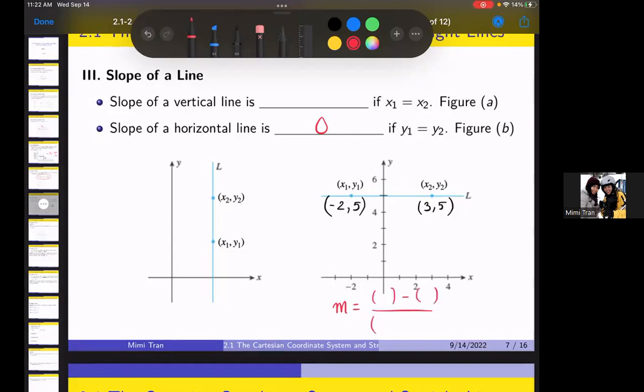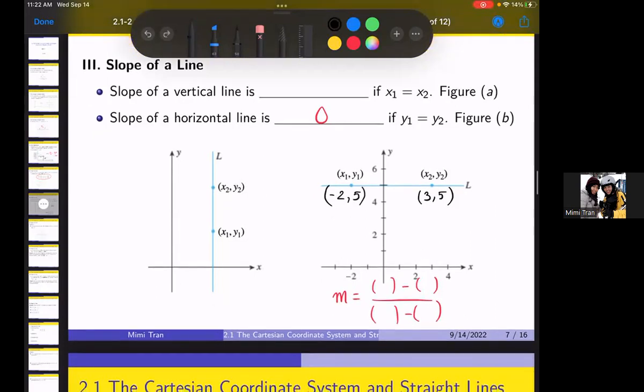So x1, y1, x2, y2. So y2 minus y1. Y2 is 5. Y1 is also 5. X2 is 3. X1 is -2. The point is that the top is 0 over 5. So 0, right? So for a horizontal line, the slope is 0, according to the formula.